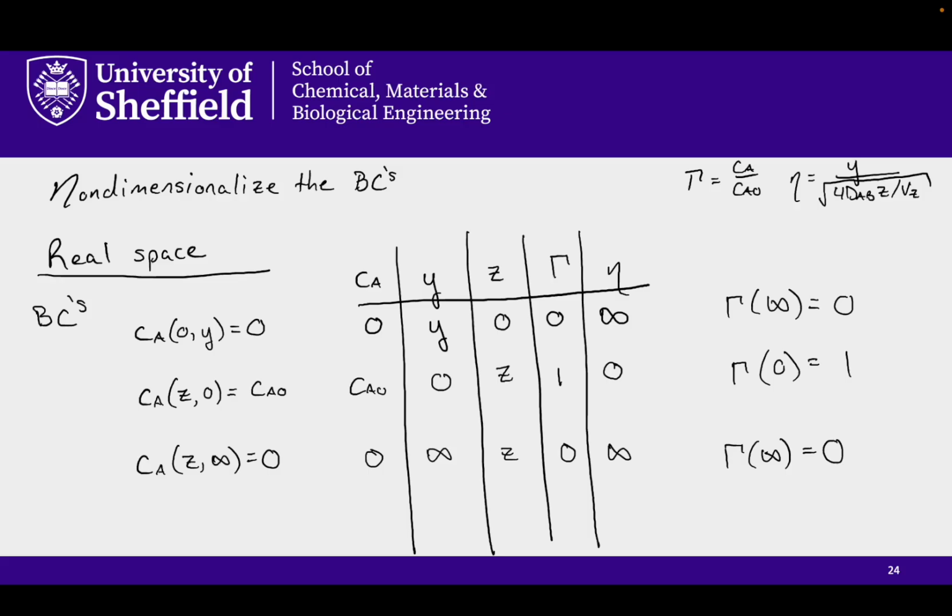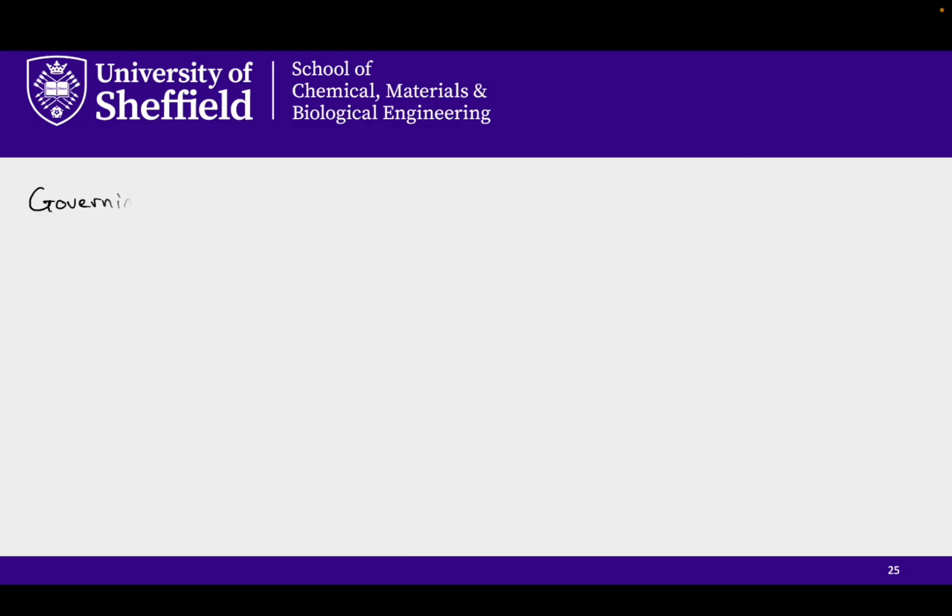And so eta equals infinity, and we get gamma of infinity equals 0. Those two boundary conditions collapse, which means we've created a viable similarity variable and non-dimensionalized both the equation and the boundary conditions in an appropriate manner.